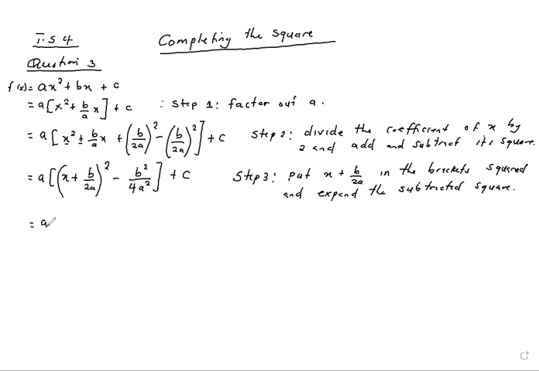And then expand now a times x plus b over 2a squared minus b squared over 4a plus c. So notice that it was a squared, but as we are multiplying by the a from outside, the a squared down just becomes a. It does not reach c because c is outside the brackets.